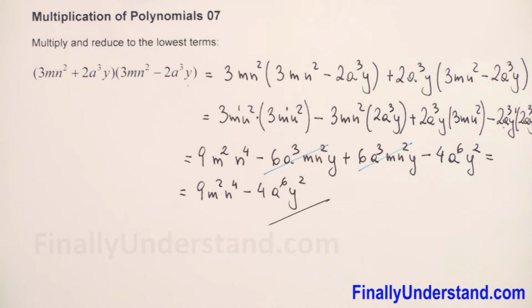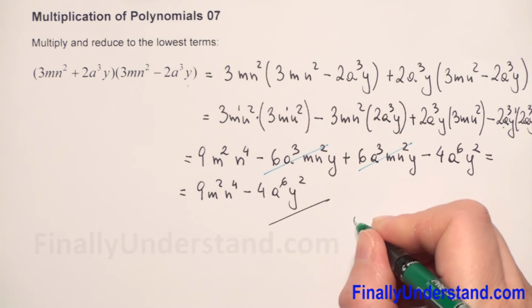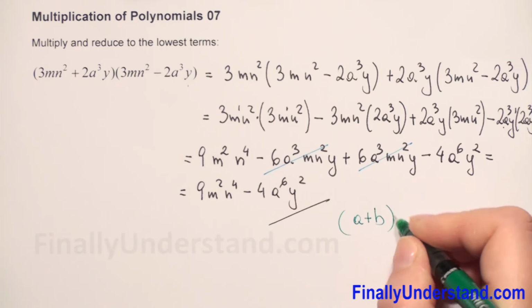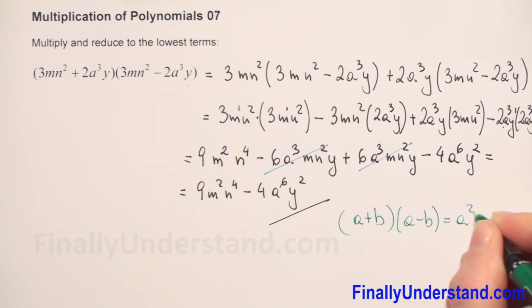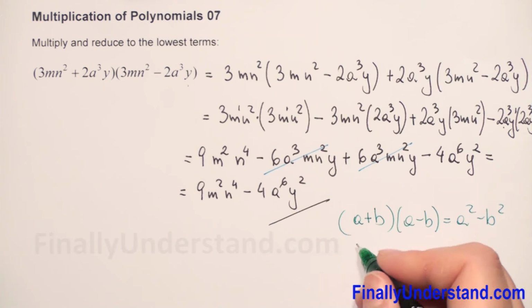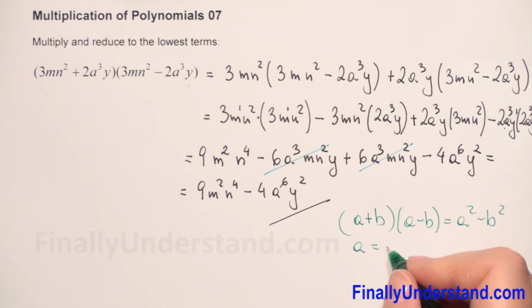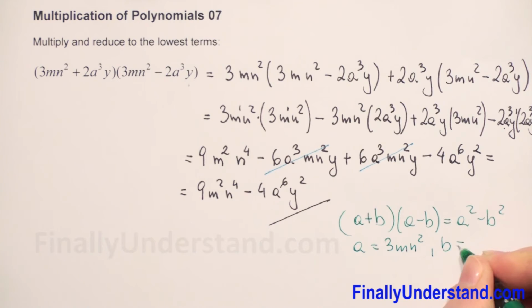On the other way, like I said, we can use the formula difference of two perfect squares. Let me remind you of this formula. When we have a minus or plus b, it doesn't matter what we put first, times a minus b, this is equal to a squared minus b squared. In our example, a is equal to 3mn squared and b is equal to 2a cubed y.